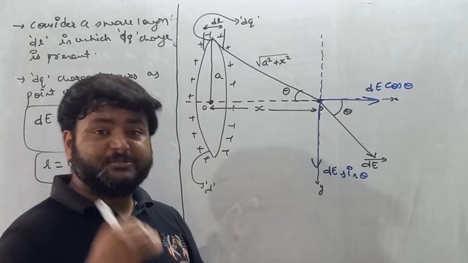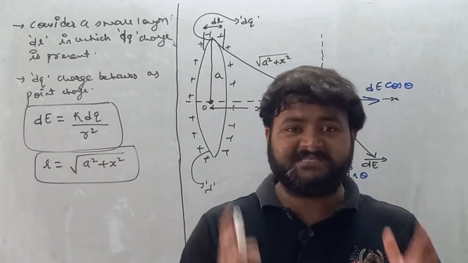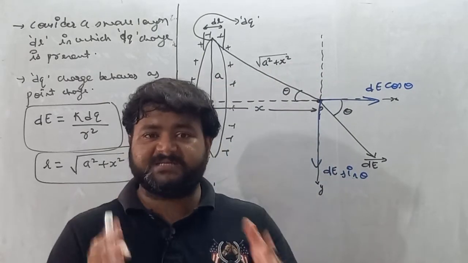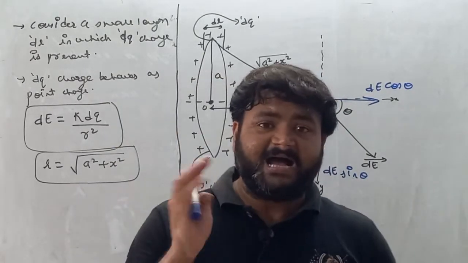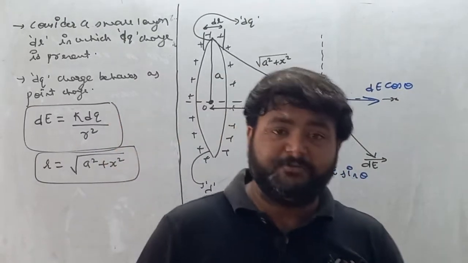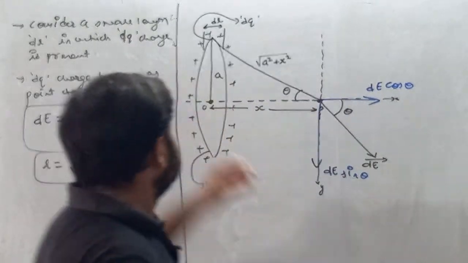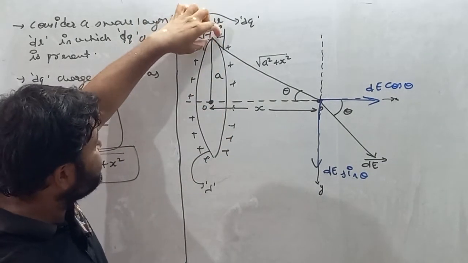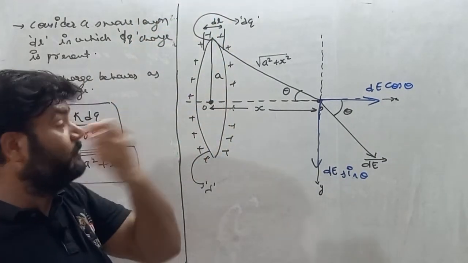So to identify which component is effective, either the x component or the y component, what we will do, my dear student, is take a similar length diametrically opposite to this length.